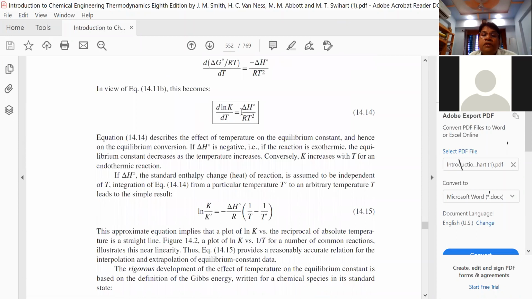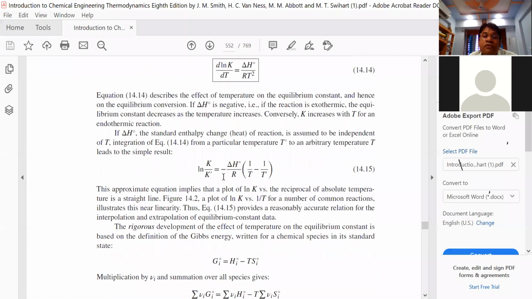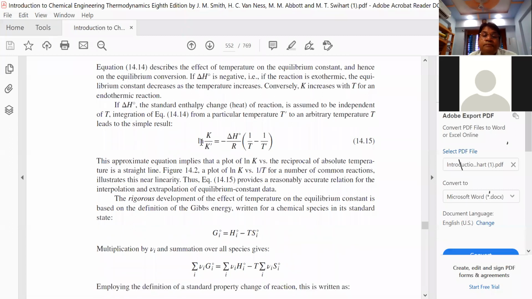If we consider two different points, K1 and K2, and rearrange, we get ln K by K dash equal to minus delta H0 by R times (1 by T minus 1 by T dash). This is the important equation you have to remember, because you can apply it to solve some problems.